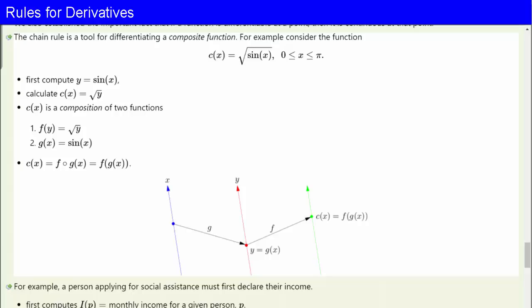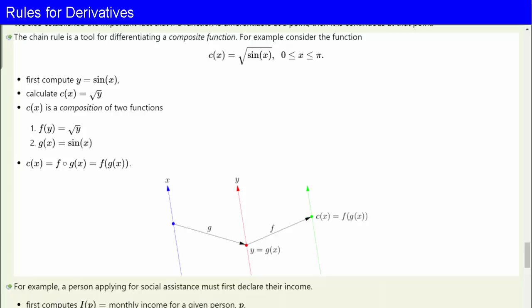Let's begin with an example from pure mathematics. Consider the function c of x equals the square root of sine x, and restrict x to the interval 0 to pi so that the function sine x is non-negative. To calculate this function, you first compute y equals sine x. And since y will be non-negative for x in the given domain, you can then calculate c of x equals square root of y.